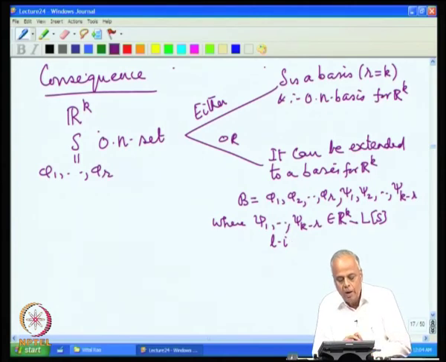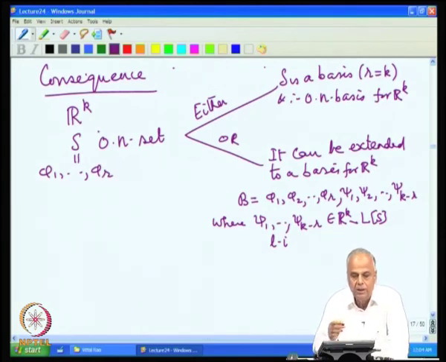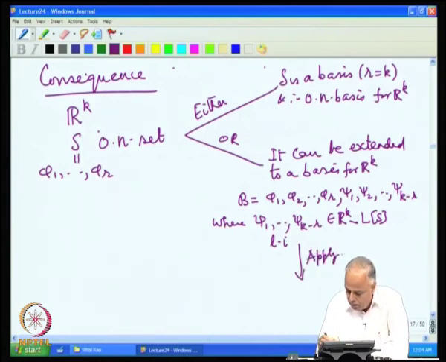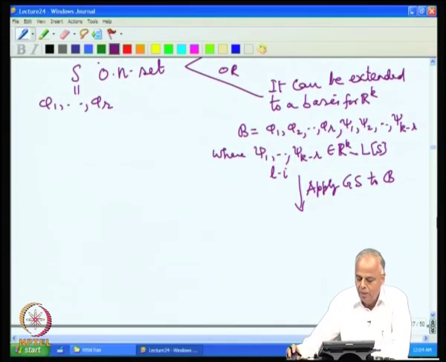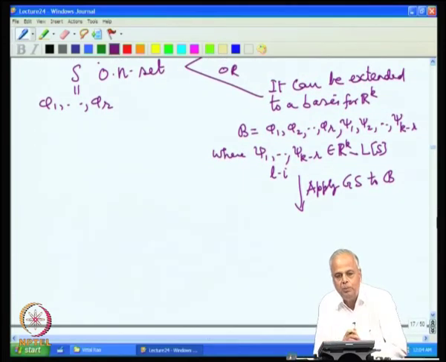So, we have extended the given orthonormal set to a basis B for R k, but this basis may not be an orthonormal basis. What do we do next? We apply the Gram-Schmidt to B. We can apply it because B is linearly independent, and we usually apply the Gram-Schmidt operation to a linearly independent set.